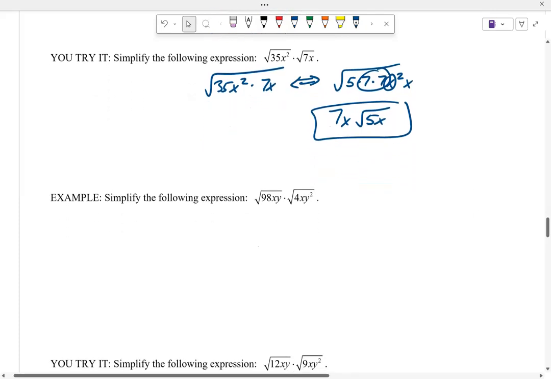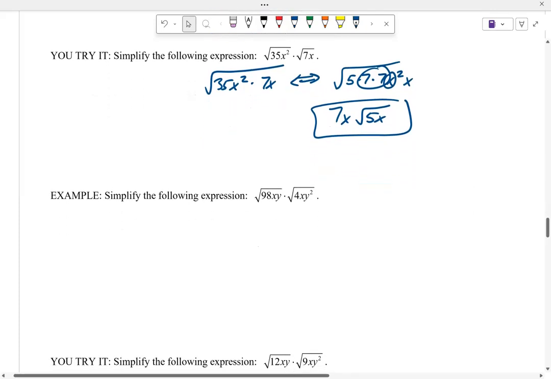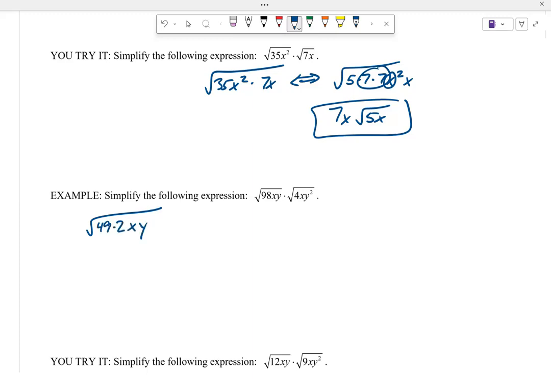Let's keep going with a little bit more variety here. We got square root of 98xy. So I got 98, which I know is 49 and 2xy. I've got 4, which I know is 2 and 2 xy squared.